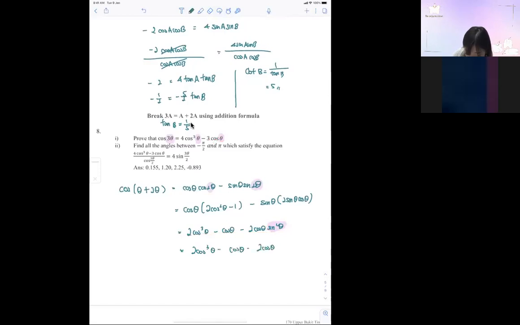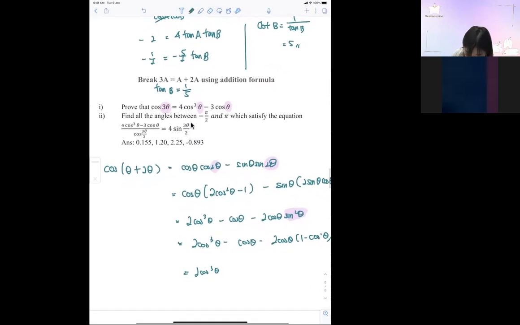Very good. 1 minus cosine squared theta. Then we slowly expand. You can see, minus cosine theta minus 2 cosine theta plus 2 cosine cubed theta. 2 plus 2, 4. All right, shown.